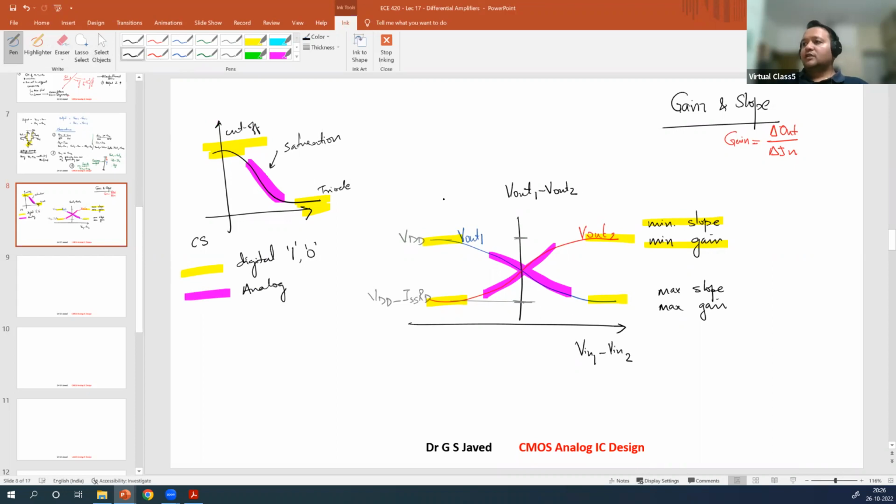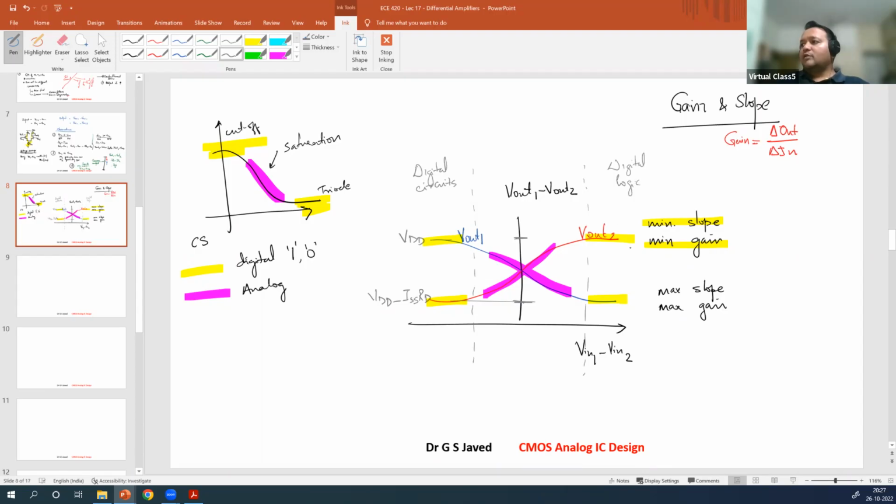Similarly, you will have this area here. All the yellow region will be your static or non-linear area, and purple will be your linear areas. So this is again going to be digital circuits, or your digital logic can be used. 1 and 0, 0 and 1.